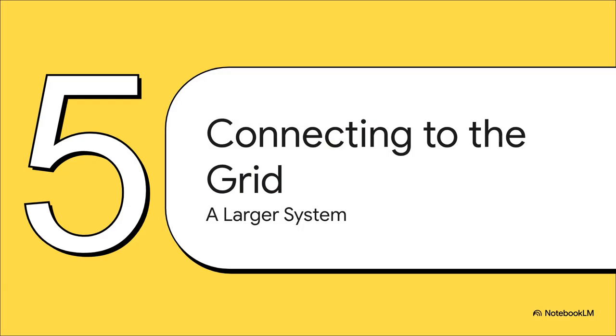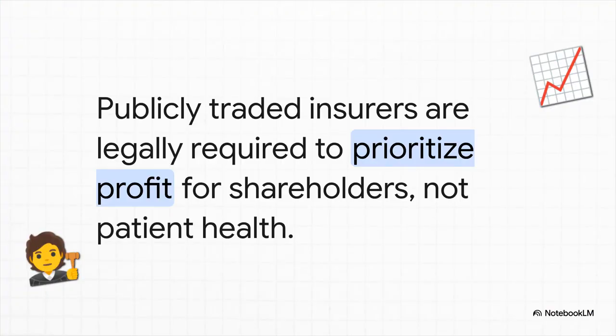Okay, so for our final piece, it's so important to see that this healthcare system isn't some isolated thing. It doesn't exist in a vacuum. It's plugged into a much larger grid of interconnected systems and power structures. It's connected to our system of corporate governance, which legally requires publicly traded companies, like insurance companies, to prioritize shareholder profits above everything else.